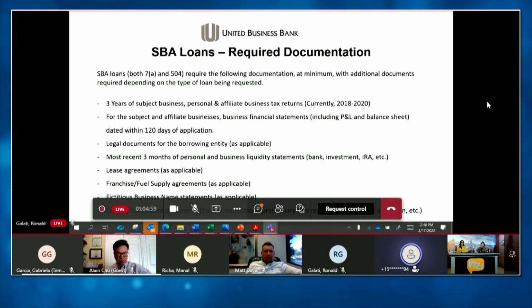So that is the truth. But knowing what documentation is required to obtain a loan and preparing those documents ahead of time for the bank really does help to significantly cut down on the time it takes to process the loan.